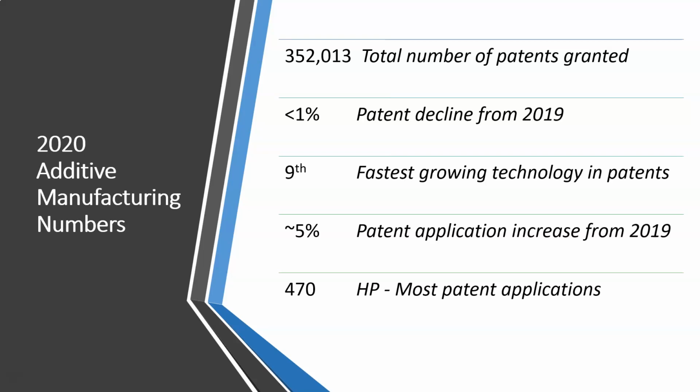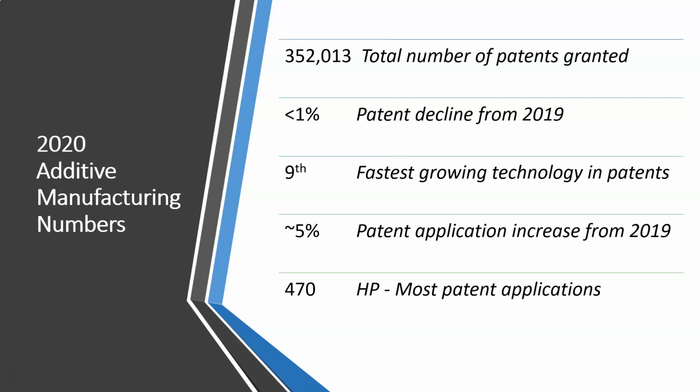Okay. And that's important because 3D printing, some people feel like its heyday was maybe 5 or 10 years in the past, but it's still going strong. And the fact that it is the 9th fastest growing technology in terms of patents is pretty phenomenal when you think of all the things that are coming online now with self-driving cars and energy and the climate change and all that stuff.